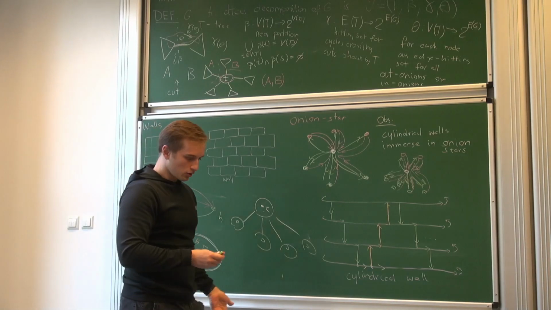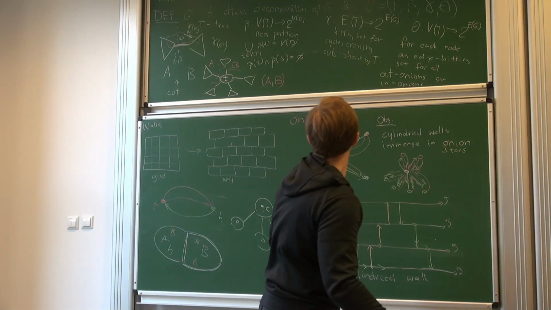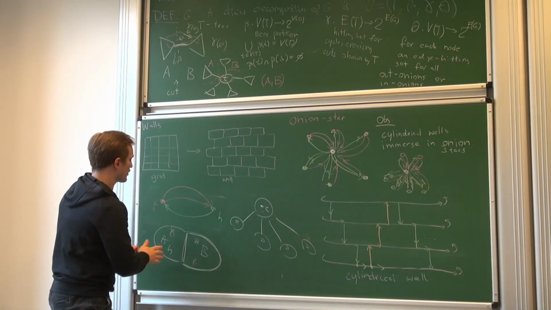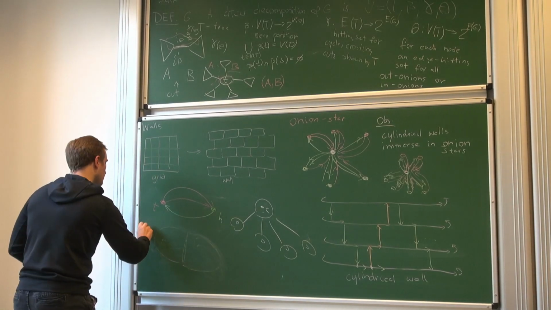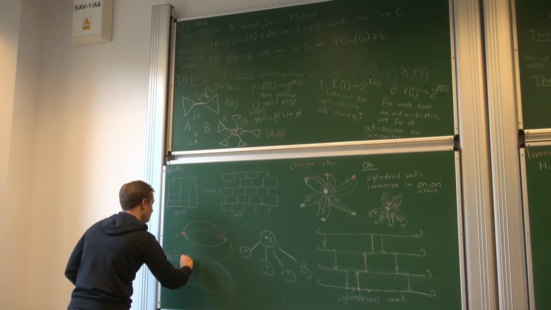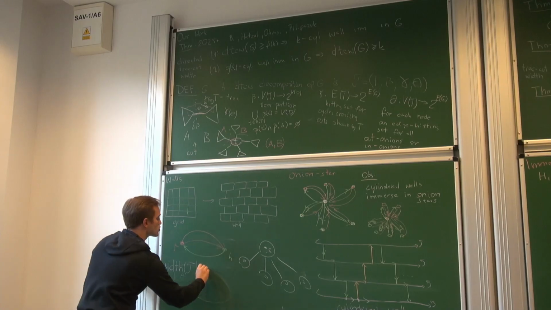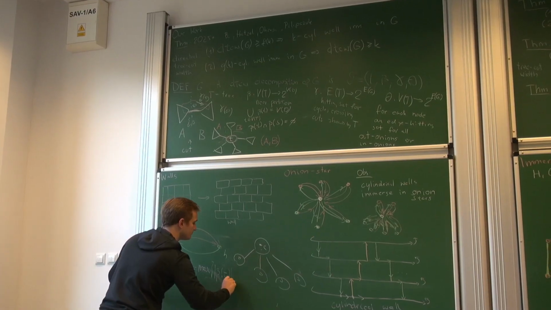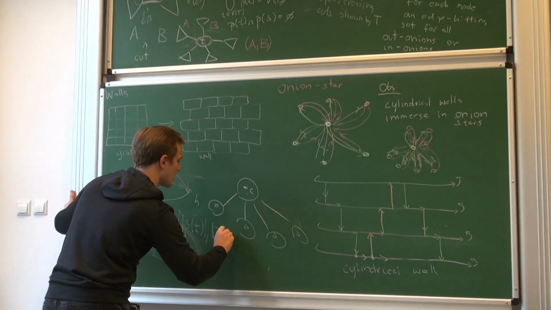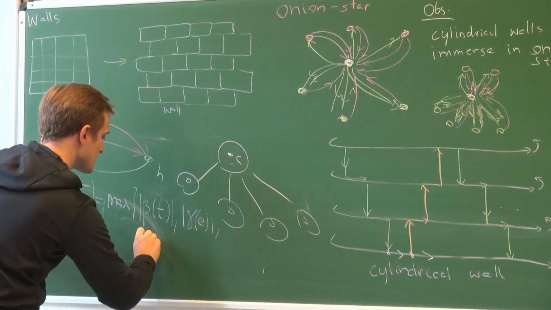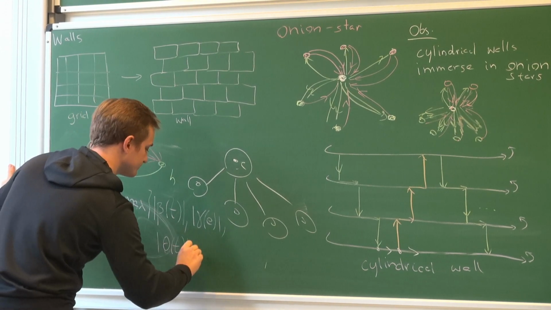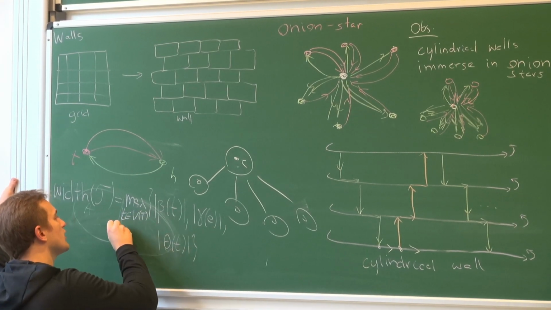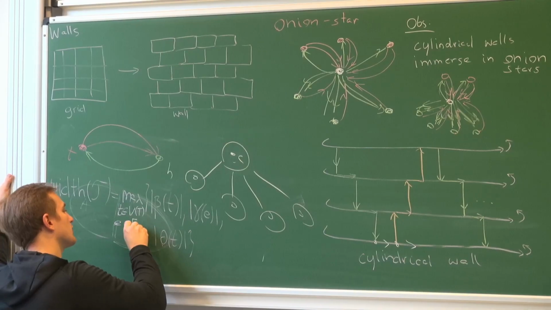Okay. So to continue, to finish, I need to tell you what the width of a decomposition is, and this is really quite straightforward. The width of some decomposition T is just the largest size of a bag, size of an edge guard set, or size of a node guard set, over all vertices T of my tree and all edges E of my tree.